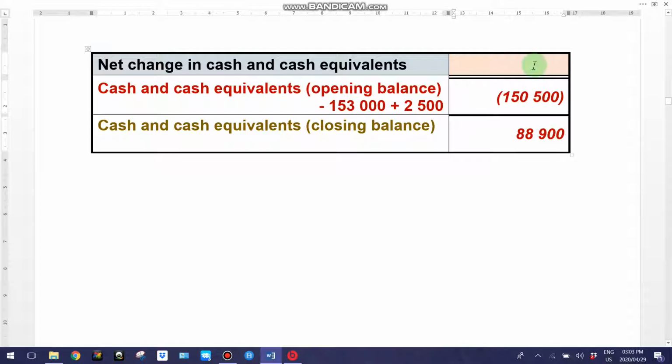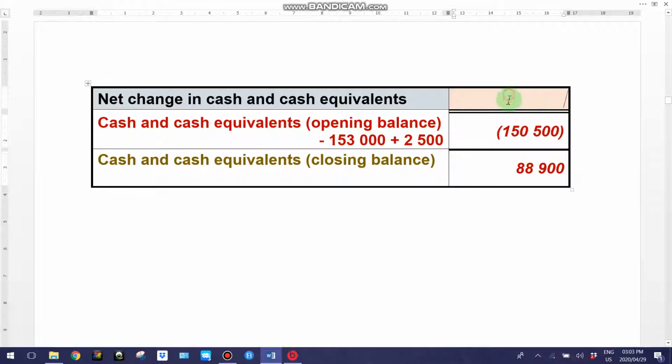And then I want to calculate my amount on the top there. I know that this amount is equal to 88,900. So working backwards, I'm going to say this amount here minus this would give me my net change.